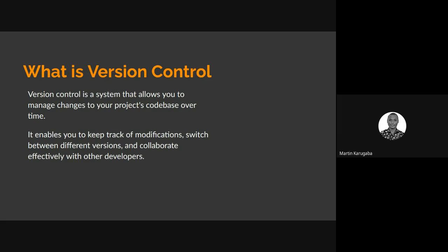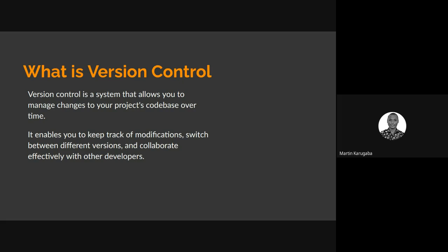When you're working with code, you don't have to make 100 copies of the same project just because you want to separate the changes. Version control eliminates that. It allows you to seamlessly manage changes in your project's code base over time.